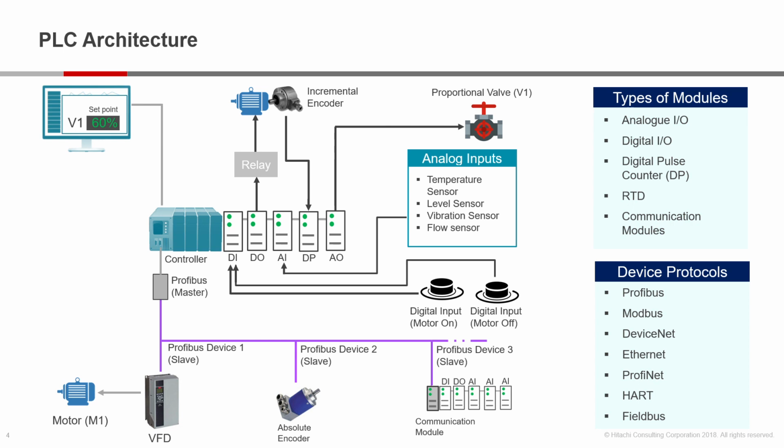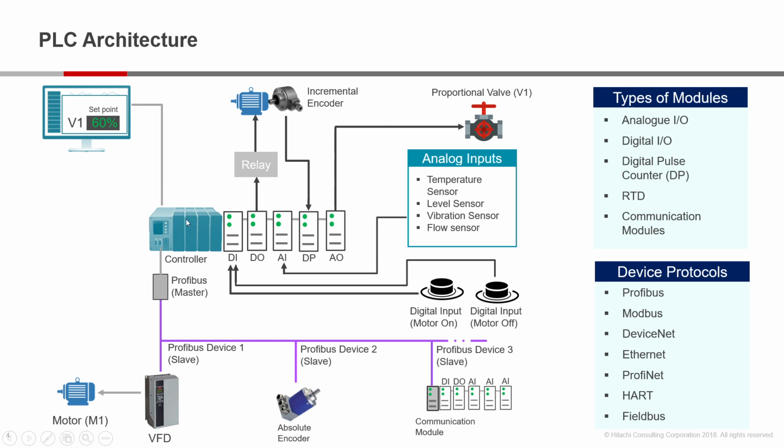Let's say for example, you want to operate this proportional valve, V1 is the valve. In the HMI, you will set a set point. Let's say it's an analog valve, so you can choose to open it 100%, 10%, 20%, whatever you like. As per the process requirements, the operator sets a set point of 60%. Now this signal goes into the controller.